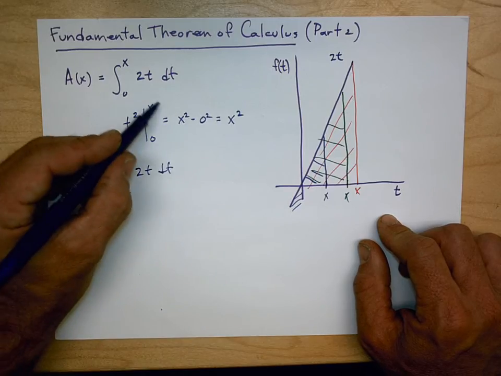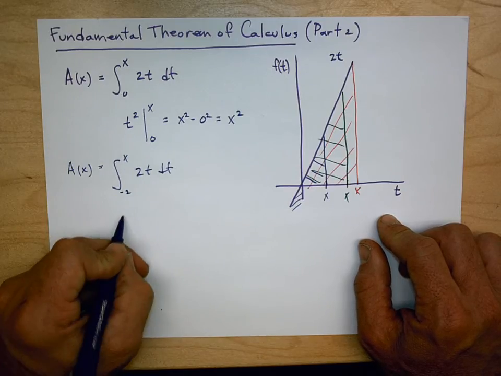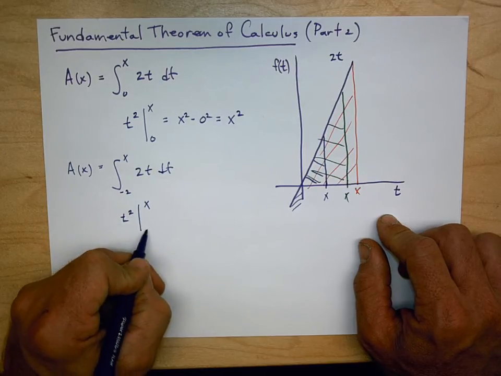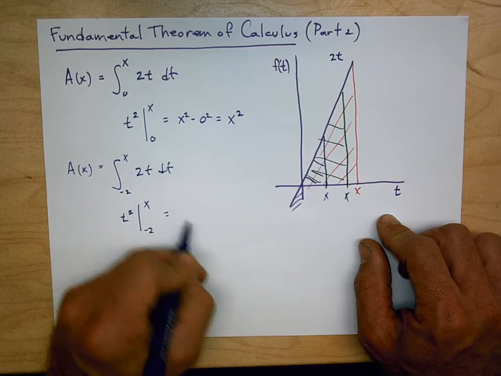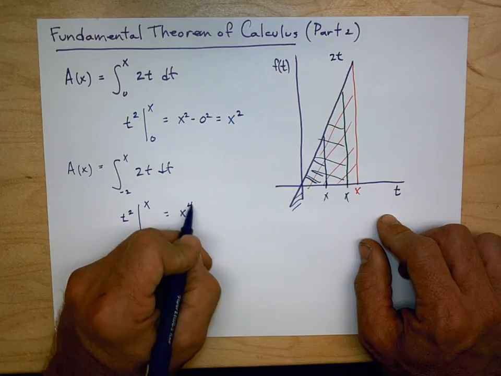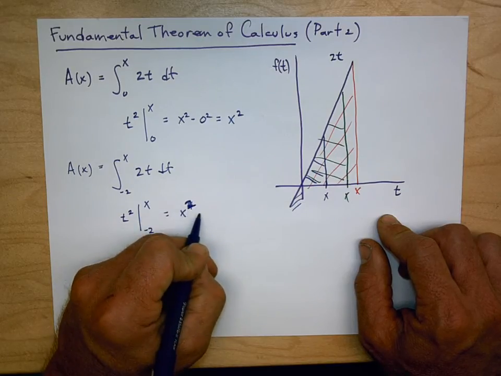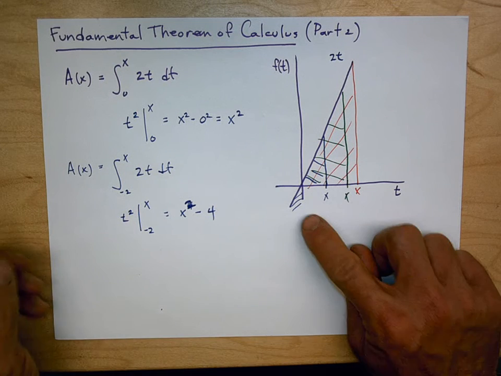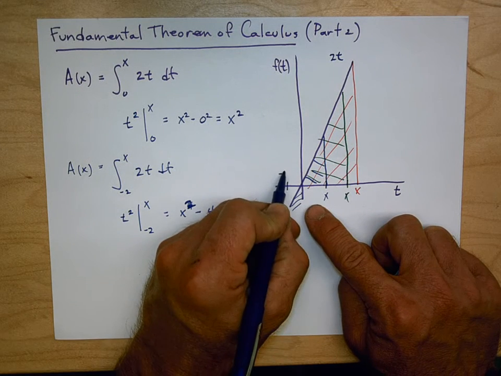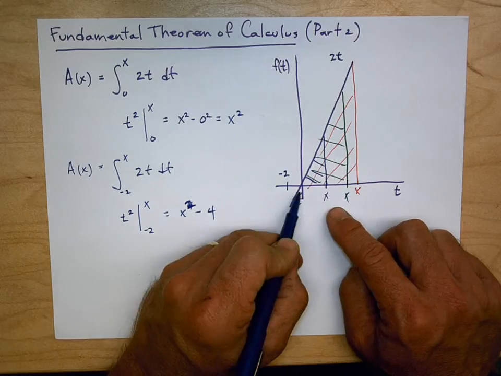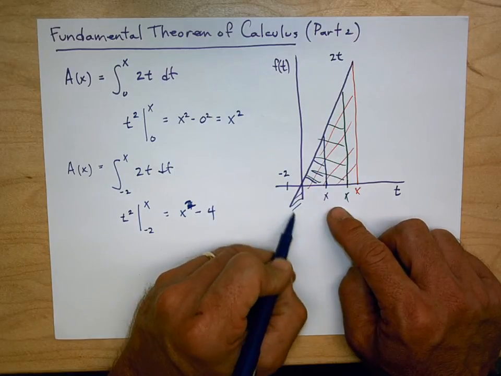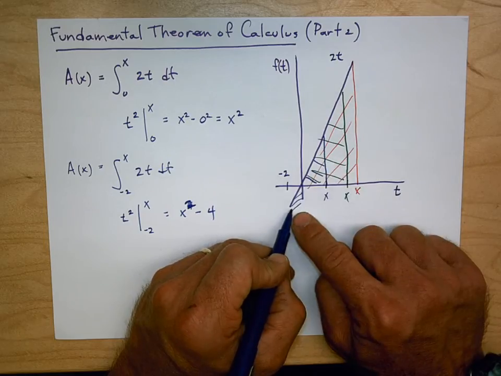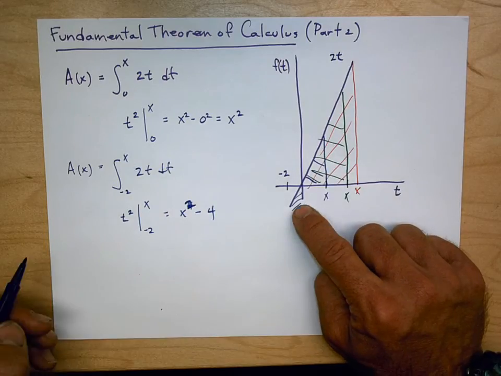I get the exact same thing, except I'm now going from -2 to x. So I end up with x squared minus 4, because -2 squared is 4. This minus 4 comes from the negative area underneath the curve here. So this part's all x squared minus this 4 here.